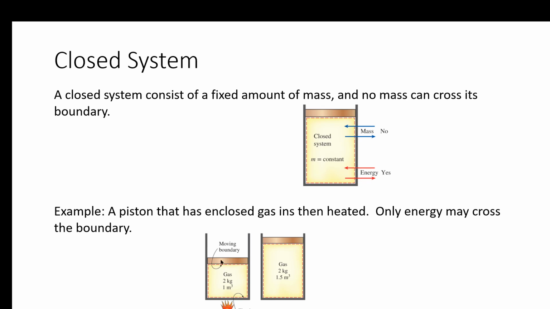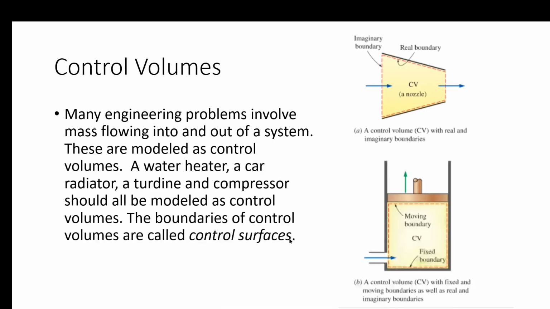Here's an example: maybe you heat this cylinder with gas in it, it expands and does work to move this piston up. This should be inside, now that I see it: the piston has enclosed gas inside, which is then heated. I'll see if I can make those corrections on the slides.